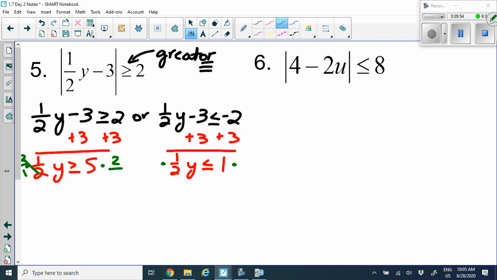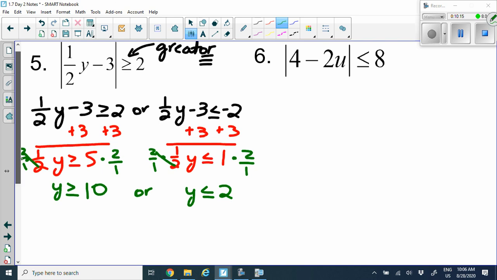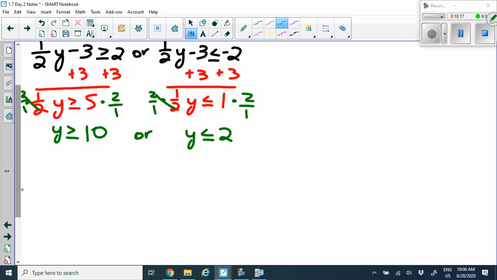Okay. So this means y is greater than or equal to, we do 5 times 2, which gives us 10. And then y is less than or equal to 1 times 2, which is 2. And this is an OR problem. So y is either greater than or equal to 10, or it's less than or equal to 2 here.